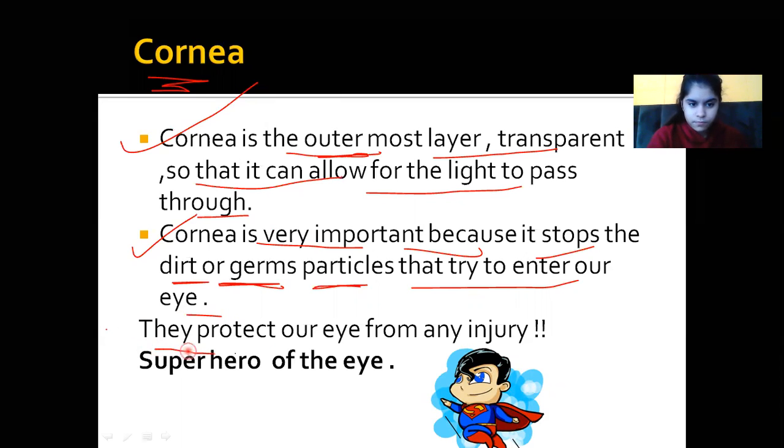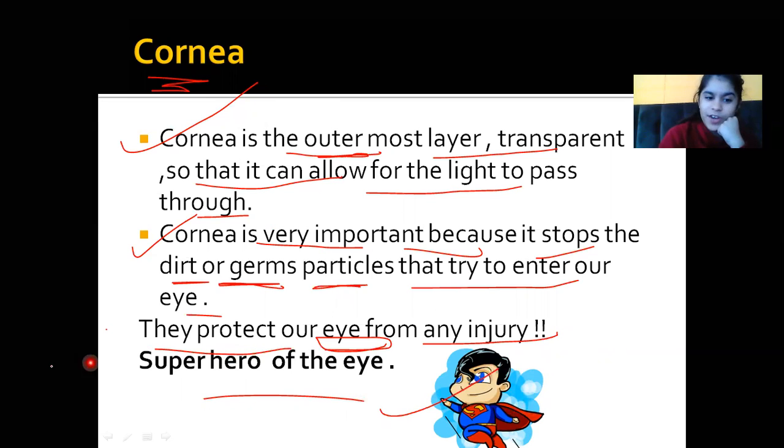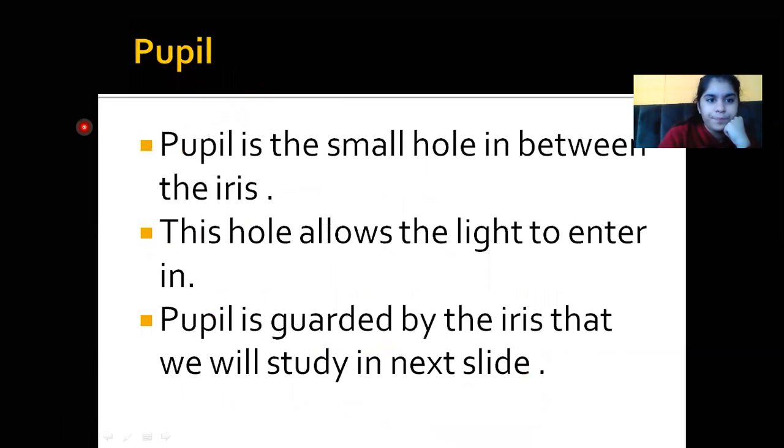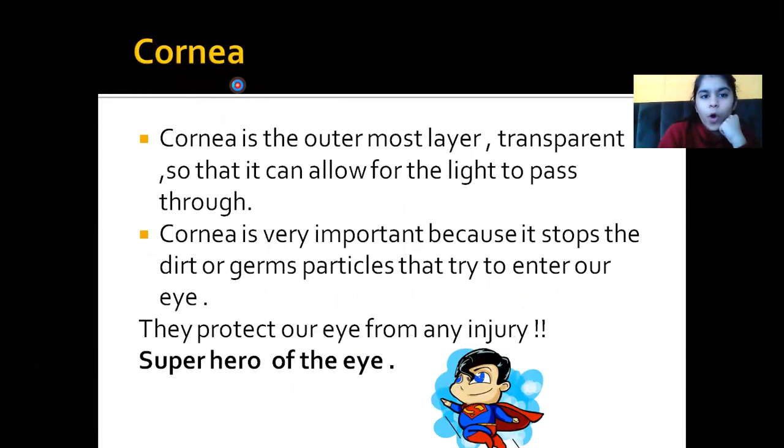They protect our eye from any injury. That is why we also see them as the superhero of the eye. Right? Clear till here? Okay. Now let's talk about the pupil. Till the cornea, I hope it is clear.